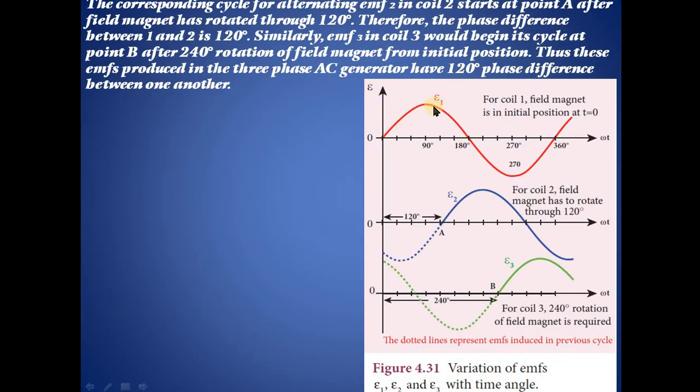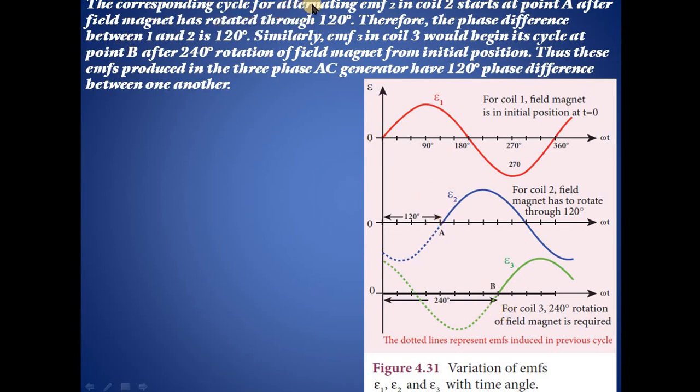Here, coil number 1 starts from 0, coil number 2 starts from 120 degree, and the third coil starts from 240 degree. So, the 3 armatures start from 3 different points.